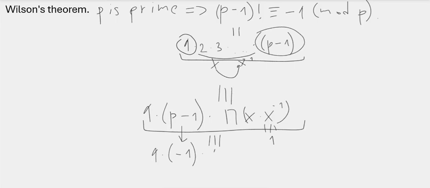And the rest of the product would be a bunch of 1s, 1 multiplied by so on, multiplied by 1. And so this would be congruent to minus 1. And this concludes the proof because that's what we needed to prove.